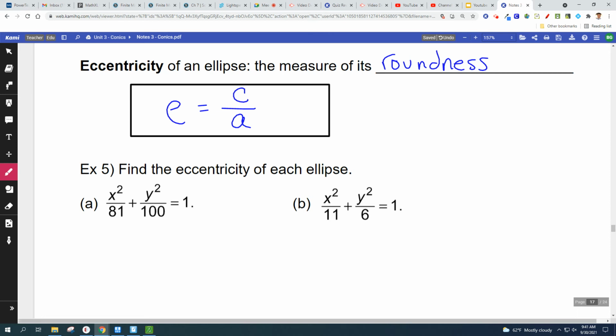How round is it? So I can do A here is 10 and B here is 9. And in order to use the formula, I'm going to need C. So remember, C squared equals A squared minus B squared, right? A squared minus B squared. That's 19. So C squared equals 19. C, we're going to take the square root and get the square root of 19.